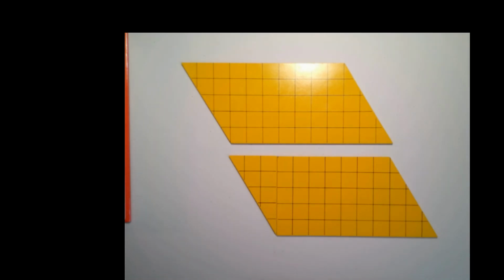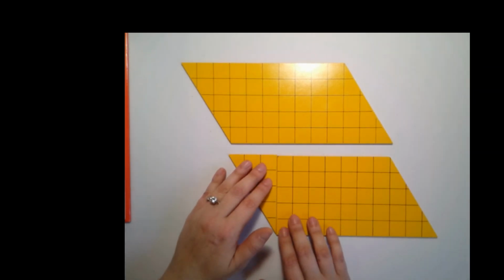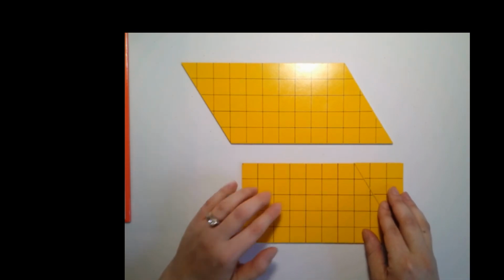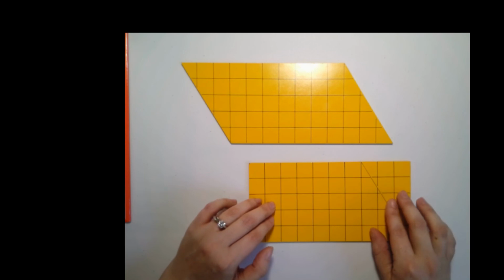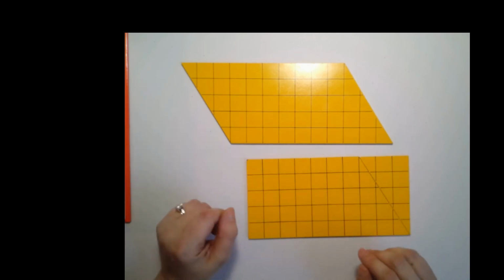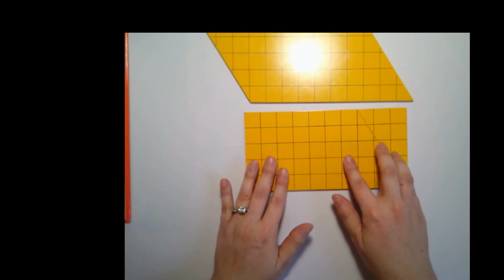But what I can do is I can turn my parallelogram into a rectangle. And then, if it's a rectangle now, I can use the exact same formula.